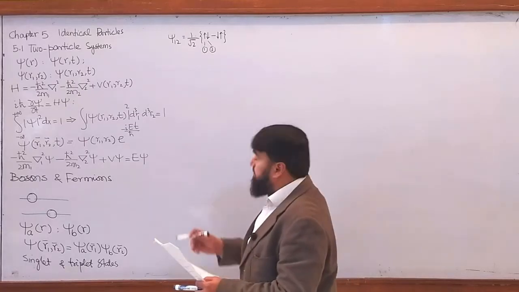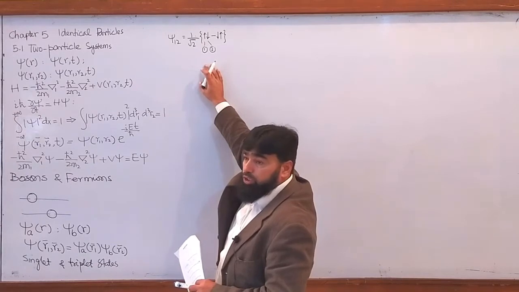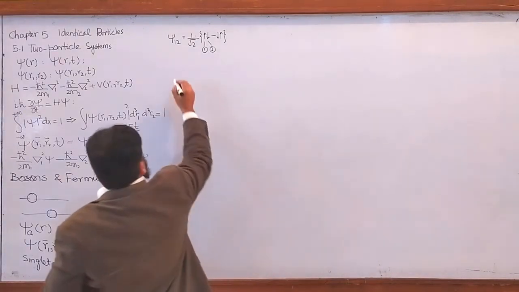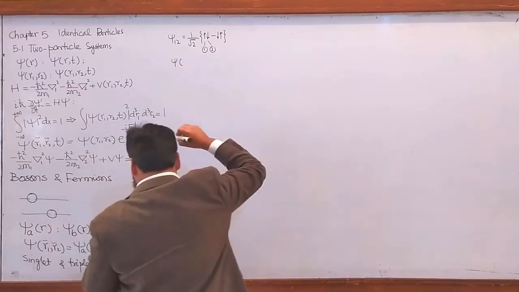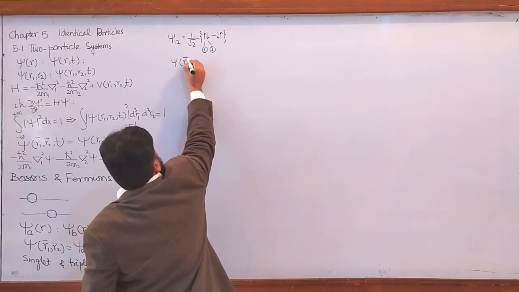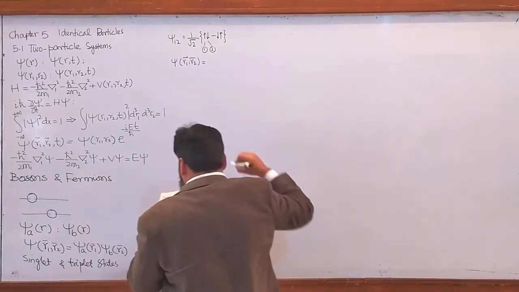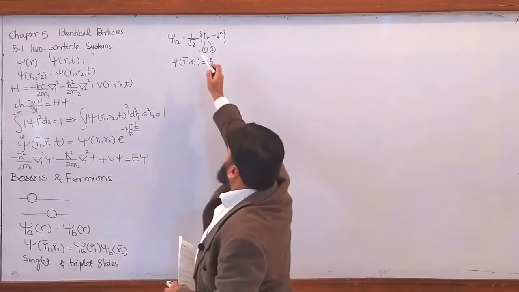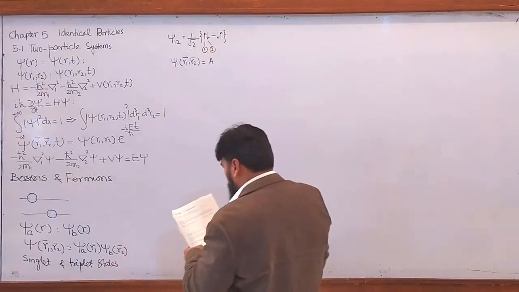Valence form such a two-particle system in which they will couple with each other and they are not separable. We will write them as psi(R1, R2) equal to some constant. Here this constant is 1 over square root 2.